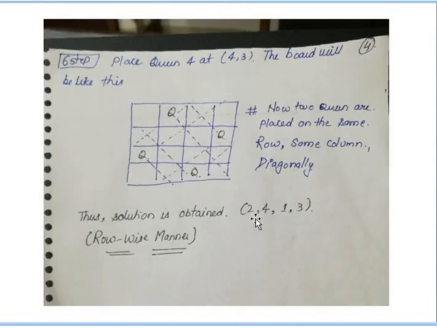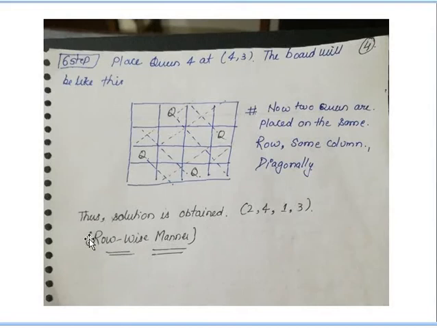That determines that the first queen is placed at the second column of row 1, the second queen is placed at the fourth column of the second row, the third queen is placed at the first column of the third row, and the fourth queen is placed at the third column of the fourth row.